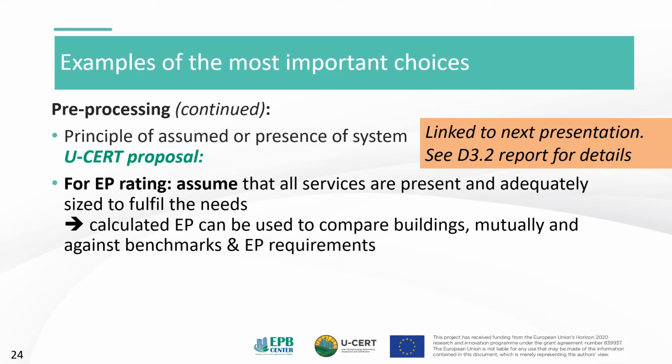So both for the heating, cooling system, ventilation, domestic hot water, lighting, etc. Which means that the calculated energy performance can be used to compare the buildings mutually and against benchmarks and EP requirements. So it gives an impression of the quality of the building and the technology used, and not about the size of the systems.